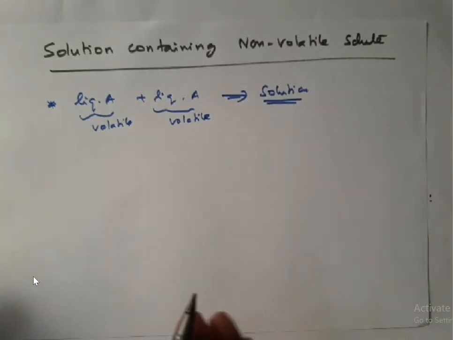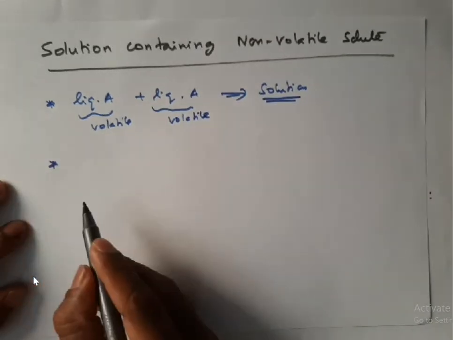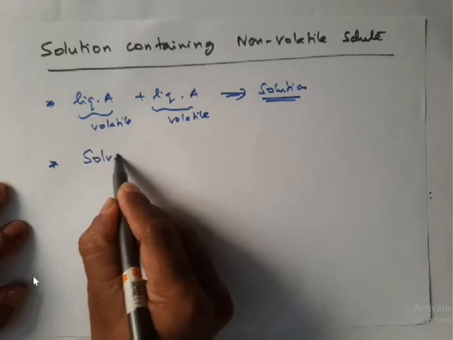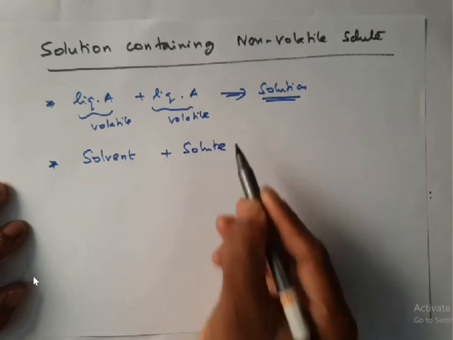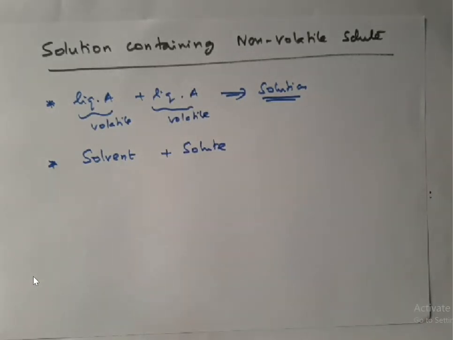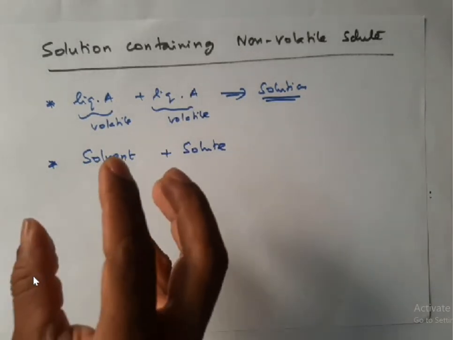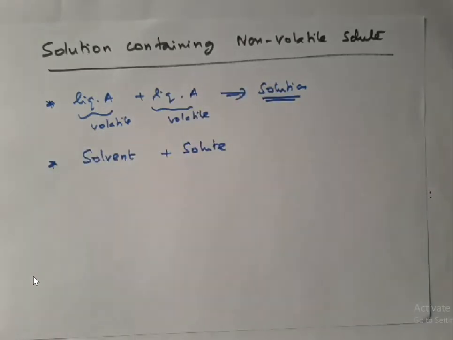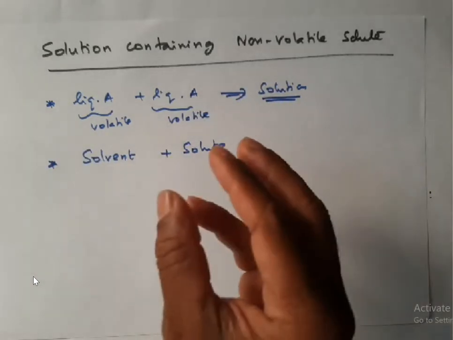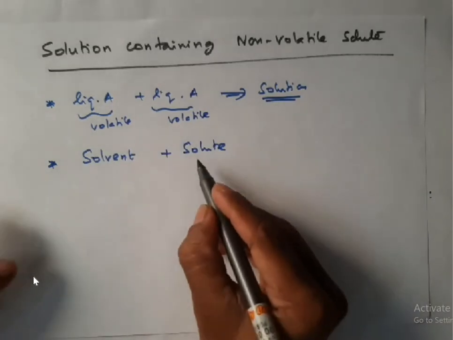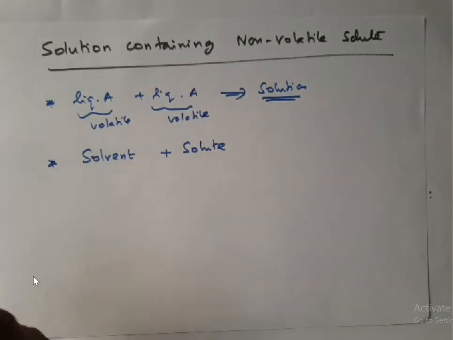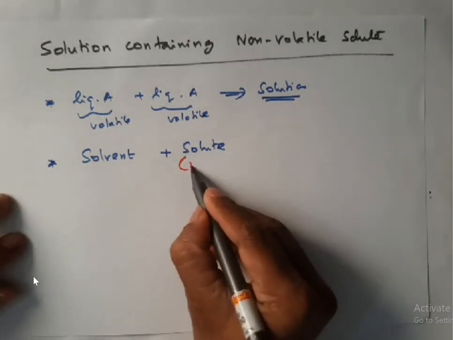Okay, but now I'm going to take a solvent and a solute. You know very well, solvent means the one which forms major proportion in solution. Solute means the one which forms minor proportion. I'm going to take a solvent and solute, and the solute should be non-volatile.